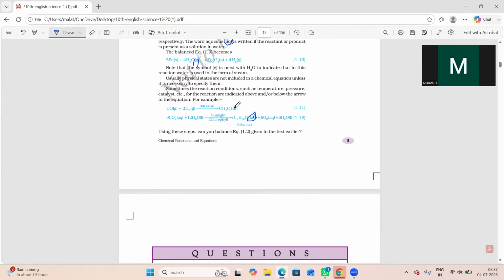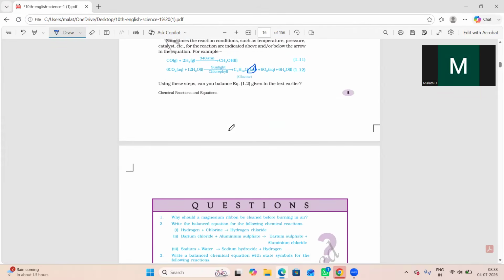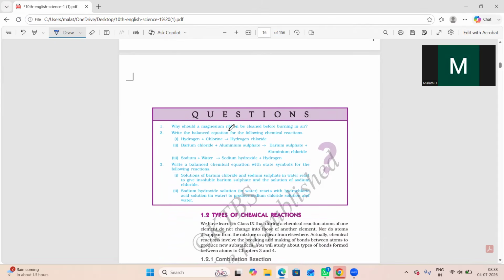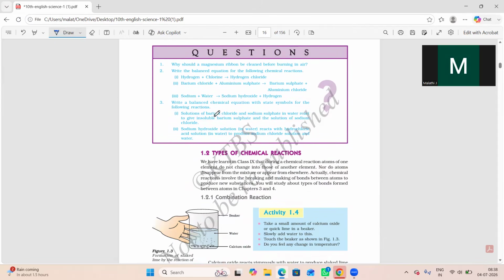If we write CH3OH, we write L in the bracket, so we should know that it is a liquid. If you take CO, carbon monoxide, it is a gas. H2 is a gas. So it represents whether it is a gas, an aqueous solution, a liquid or a solid.